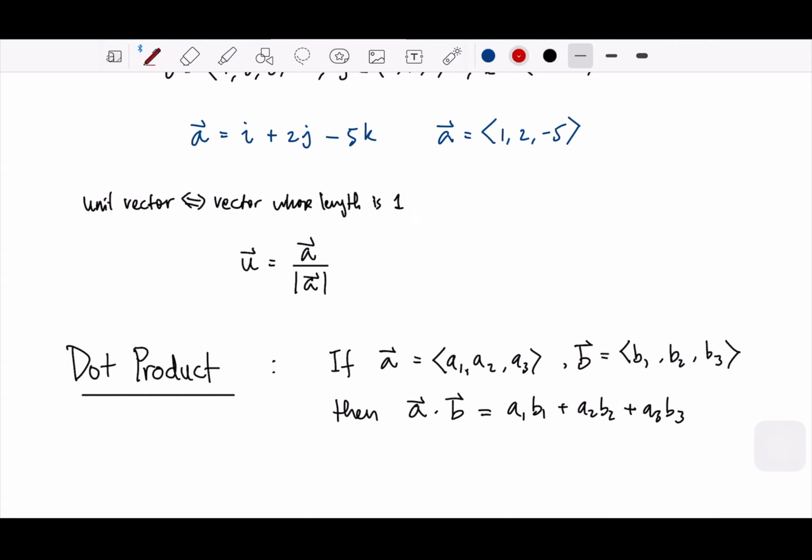Sometimes we call the dot product a scalar product because the result will be a scalar.